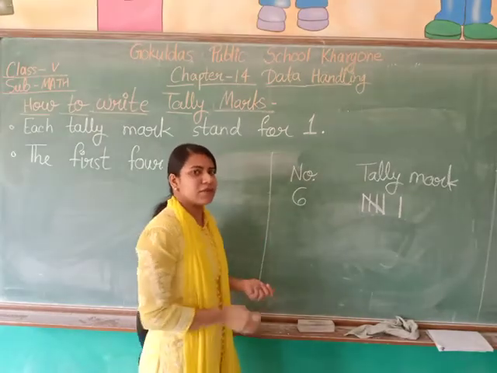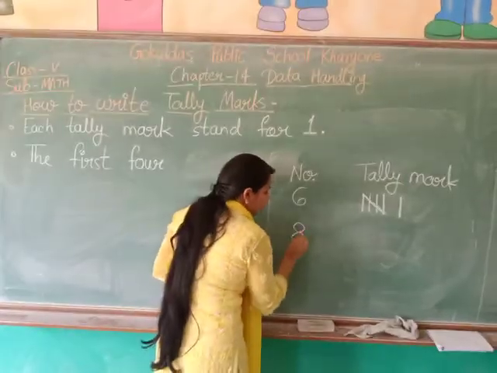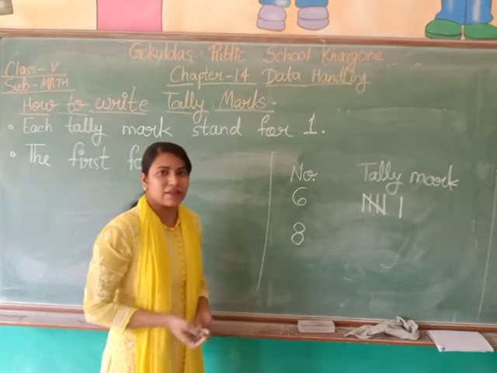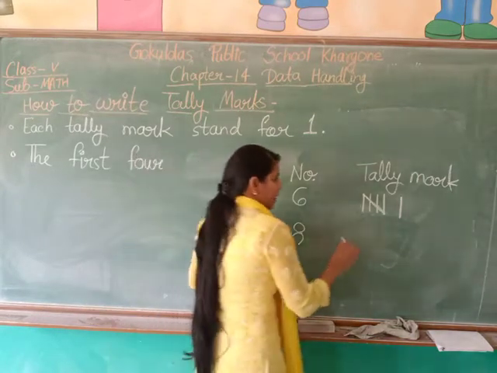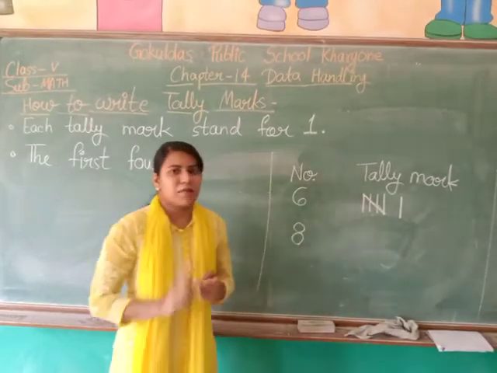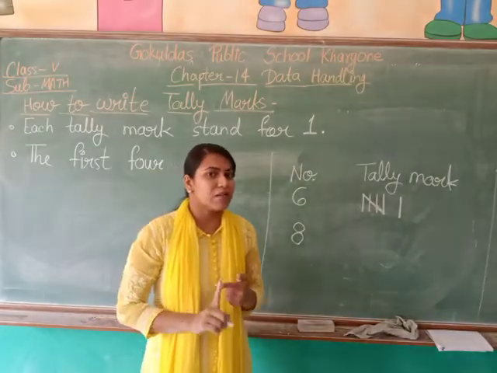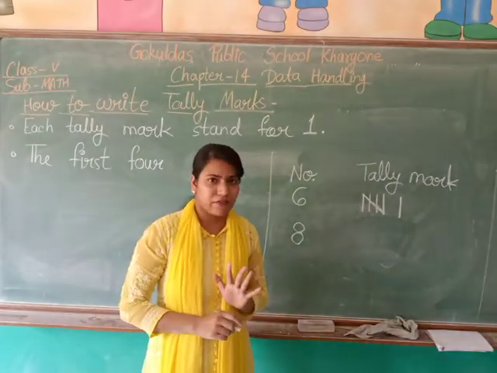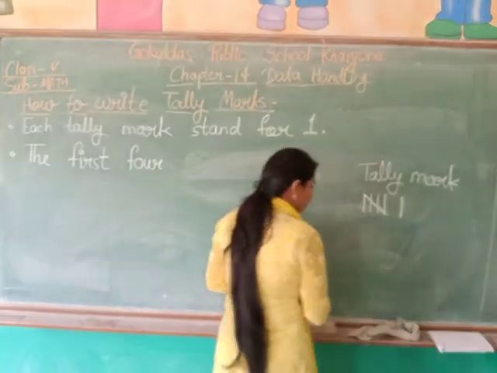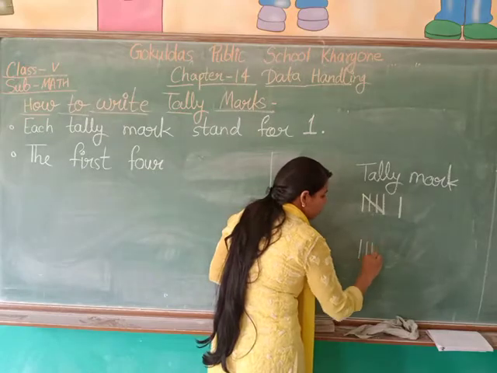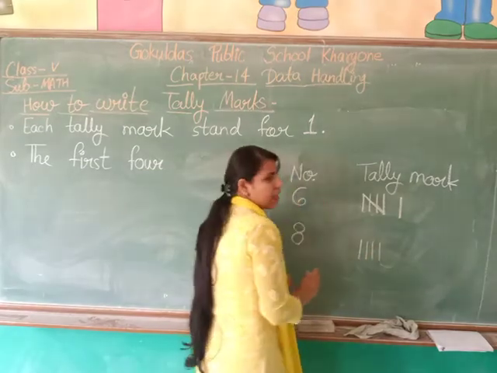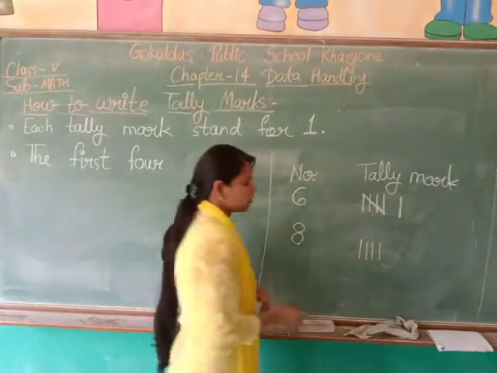Suppose I want to represent number 8. So how will I represent it? We remember this line, we can represent numbers in group of 5. Okay? So if I want to represent 8, what will I do? I will draw 1, 2, 3, 4. And how will I represent 5?